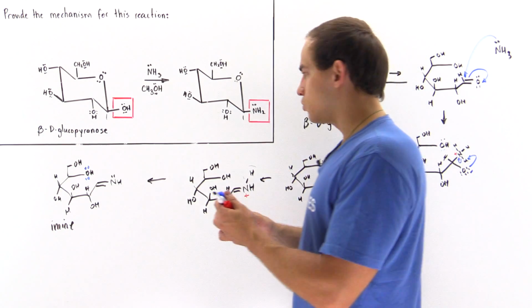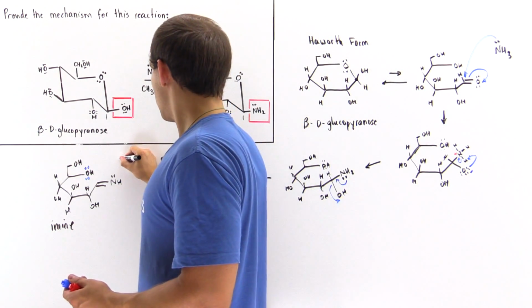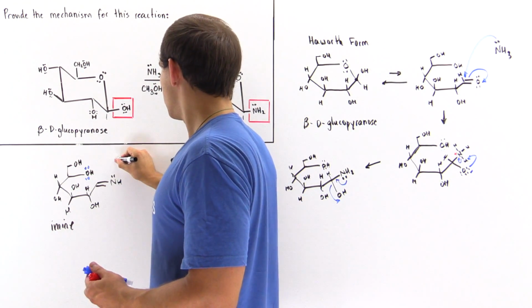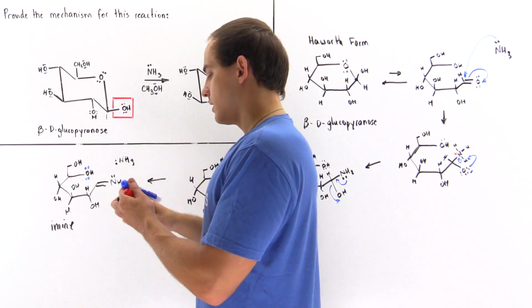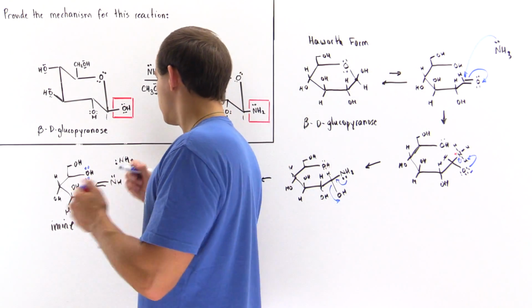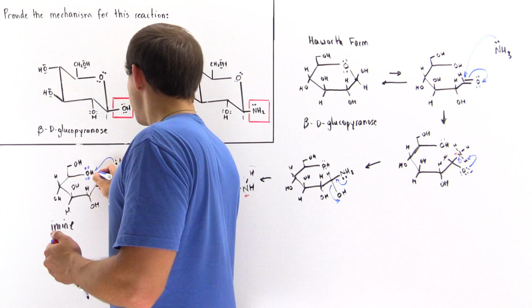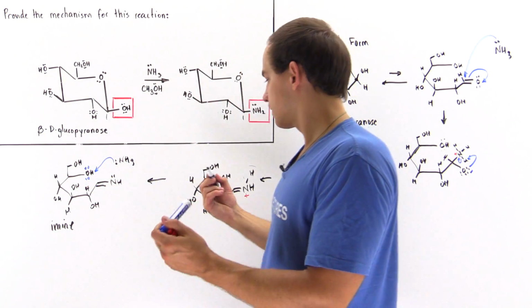So let's suppose our ammonia acts as a base. It takes away this H atom here.